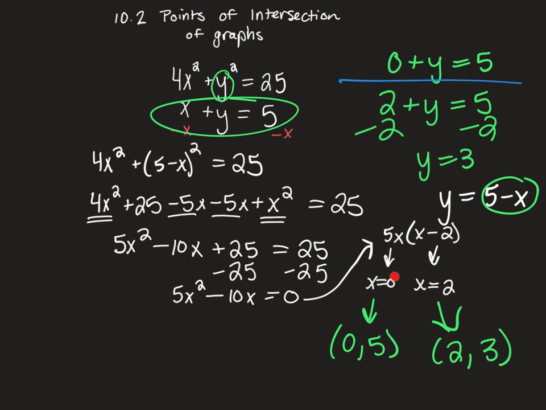So when x is equal to 0, I plug in 0 for x into this equation. So I have 0 plus y equals 5, which means that y equals 5. So when x is 0, y is 5. Then I also have to figure out what y is when x is equal to 2. So I take my 2, I plug it in here for x. So 2 plus y equals 5. Subtract the 2 over and get y equals 3.